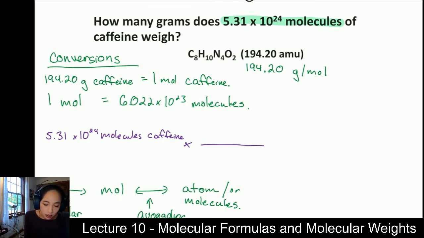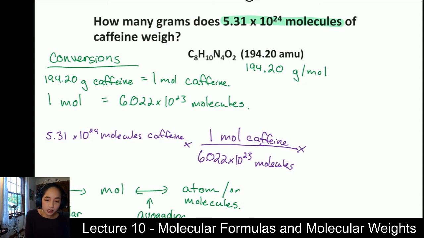If you remember our guide, we need to go from molecules to moles, so I will use Avogadro's number to do that, making sure the units cancel out. Right now we're in molecules, so I'm going to put 6.022 times 10 to the 23 molecules in the bottom. And now we have 1 mole of caffeine up top.